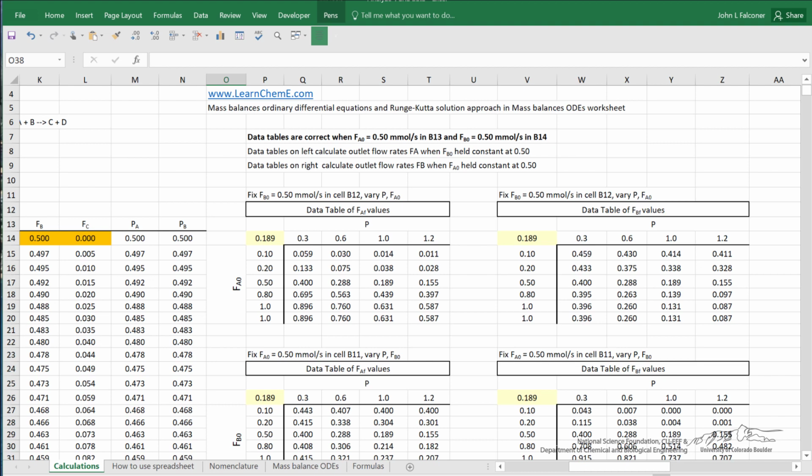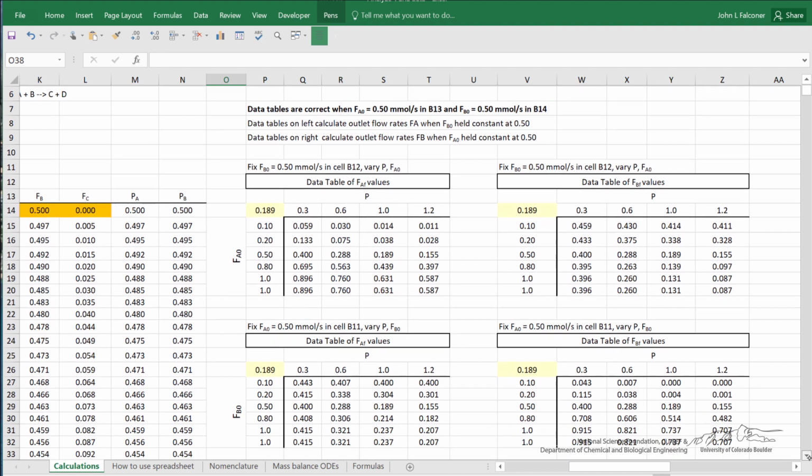So this is 0.059 is the molar flow rate of A leaving reactor. 0.459 is the molar flow rate of B leaving reactor. And so this table represents 24 times where we go through this numerical solution of the differential equations and generate the molar flow rates out.